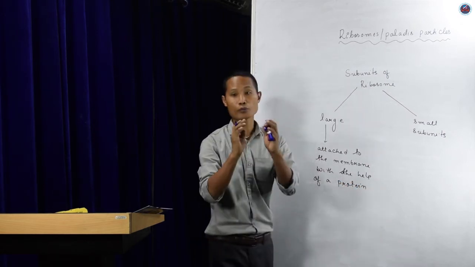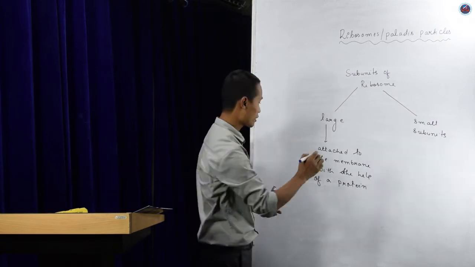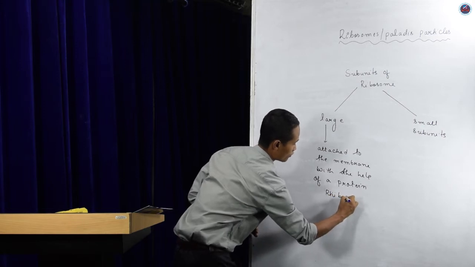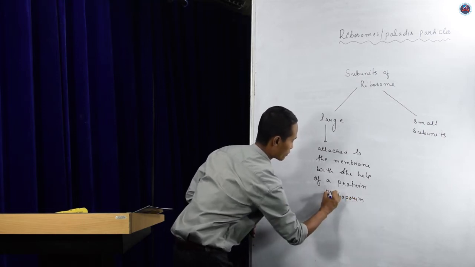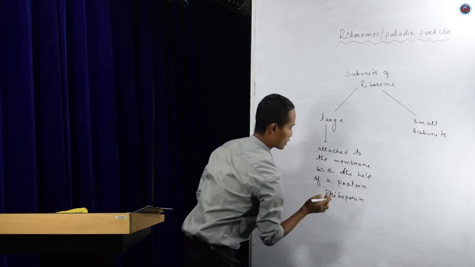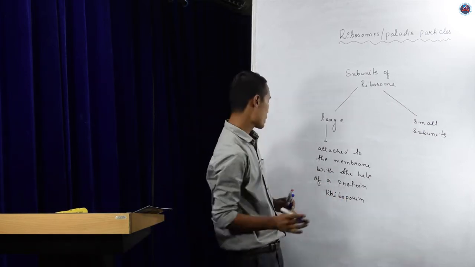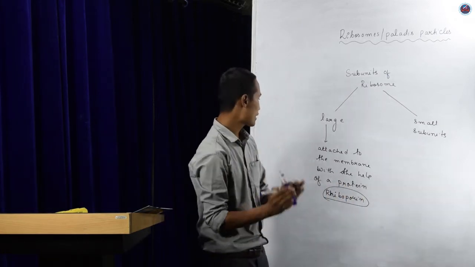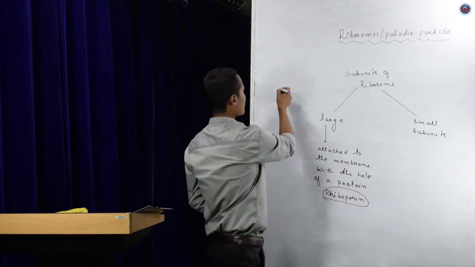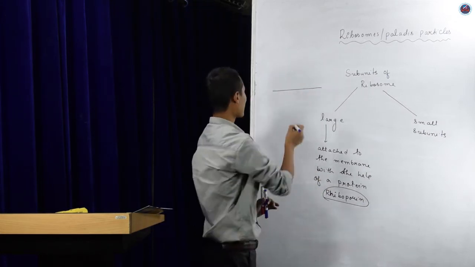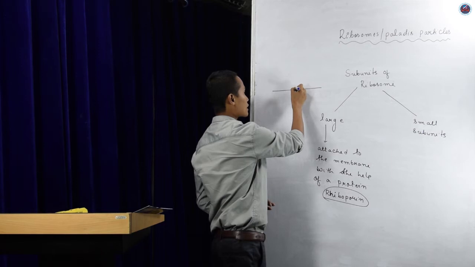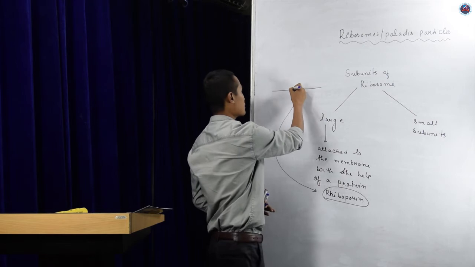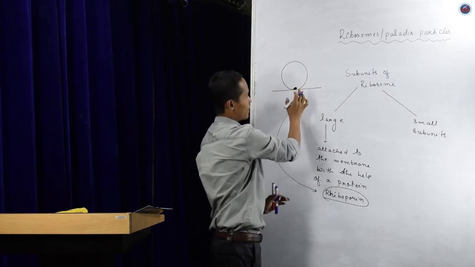This protein is called ribophorin. If this is your membrane, there is a protein, ribophorin, and the larger subunit binds to it.